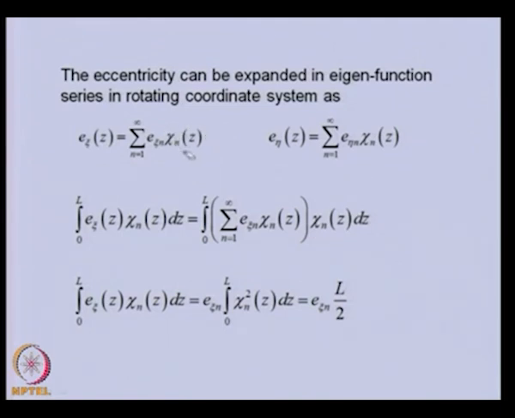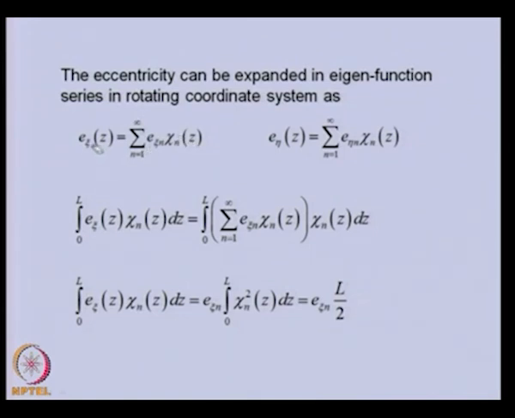It will depend upon what kind of rotor is there and what kind of boundary condition is there. We can get the eigenfunction from that, and this is some constant which will determine how much each mode will be contributing. Theoretically it will have infinite terms, because a continuous rotor can have an infinite number of eigenfunctions.